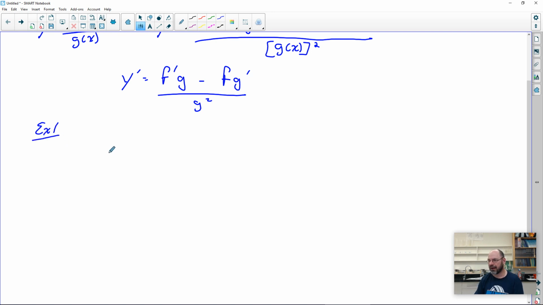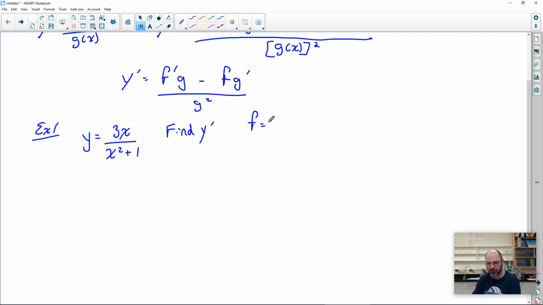Okay, so let's say we had that our equation was y is equal to 3x over x squared plus 1. Okay, so find y prime, and we'll simplify this one, because this one will be simple to simplify. So what I like to do is I like to define my top and my bottom as f and g.